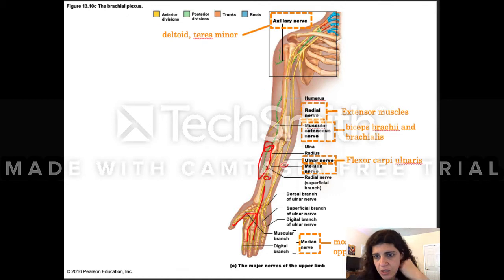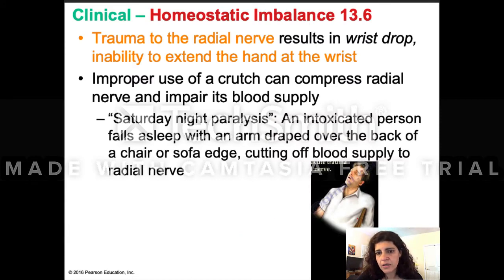You see here how the radial, the green one, passes right under the armpit. What is the problem with that? Look at this poor guy. He drank too much and he slept on the chair with the arm pressing the nerve under the armpit because of the chair, right?